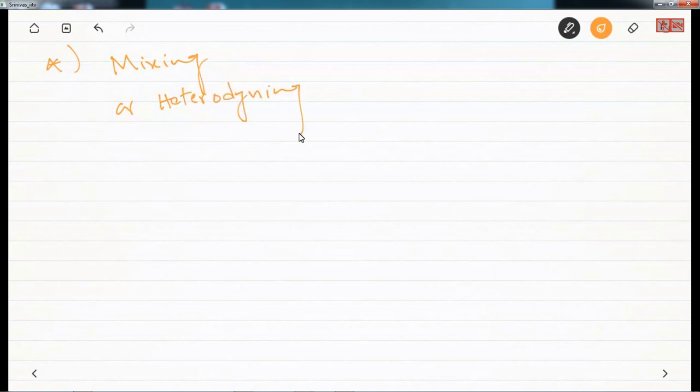That action of multiplying m of t with vc of t is called heterodyning or mixing. These are just a few terms that you have to be comfortable with.